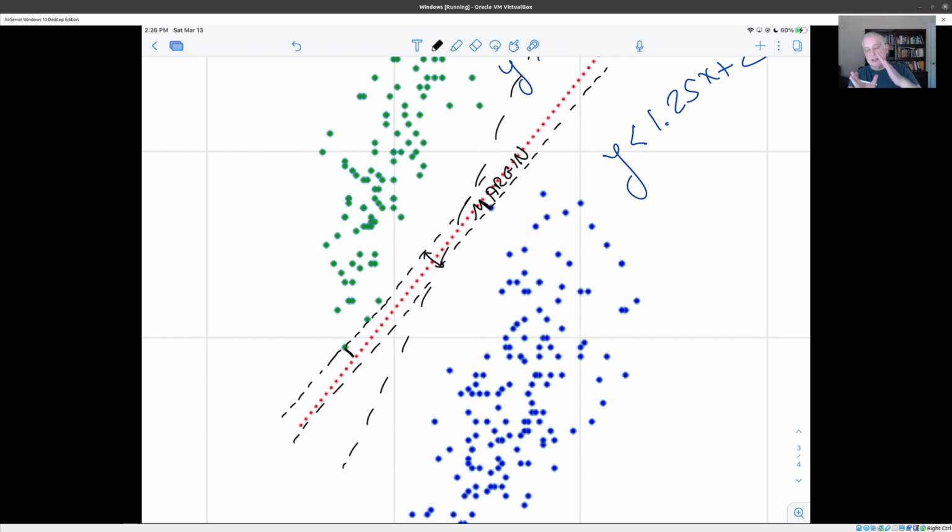Its width is the perpendicular distance, measured relative to the separating line, between the closest point on one side and the closest point on the other.